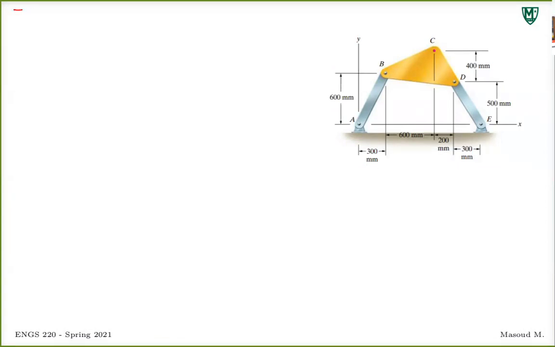So the problem statement says, bar AB rotates at 4 radians per second in the counterclockwise direction, this direction.